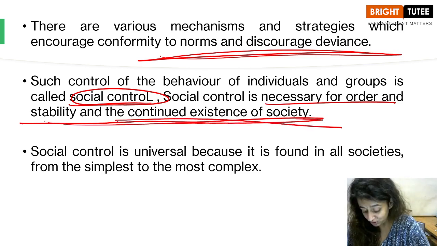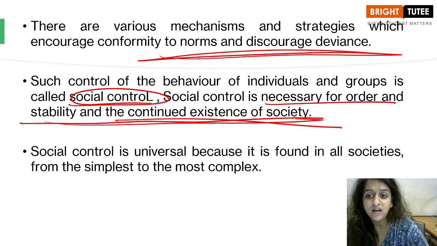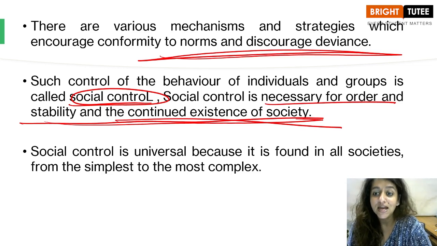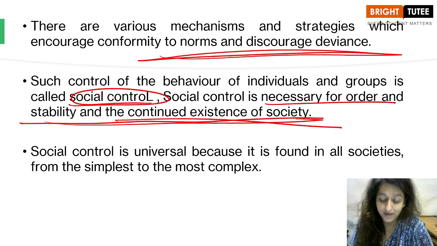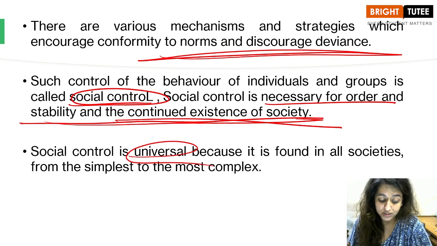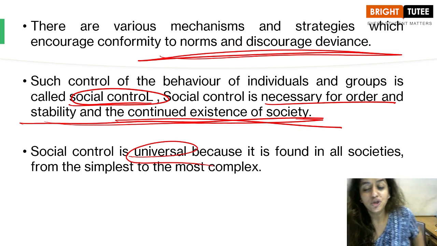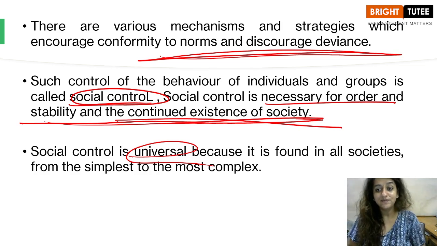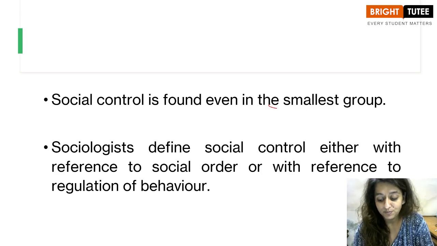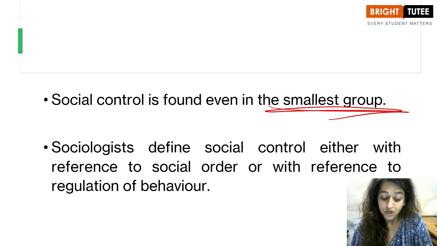This is very important for the stability of the society, for the existence of the society, and hence social control is universal because it is found in all societies from the simplest to the complex societies. It is present everywhere. Social control is even found in the smallest group as well.